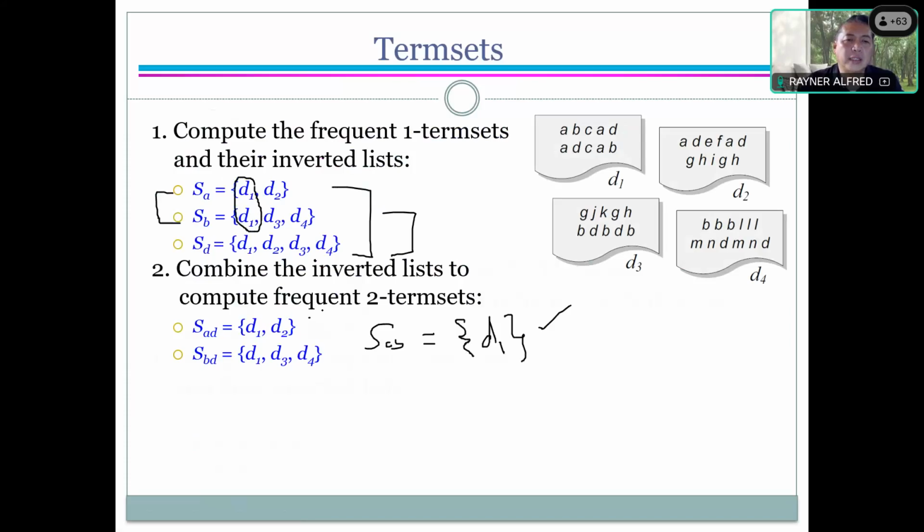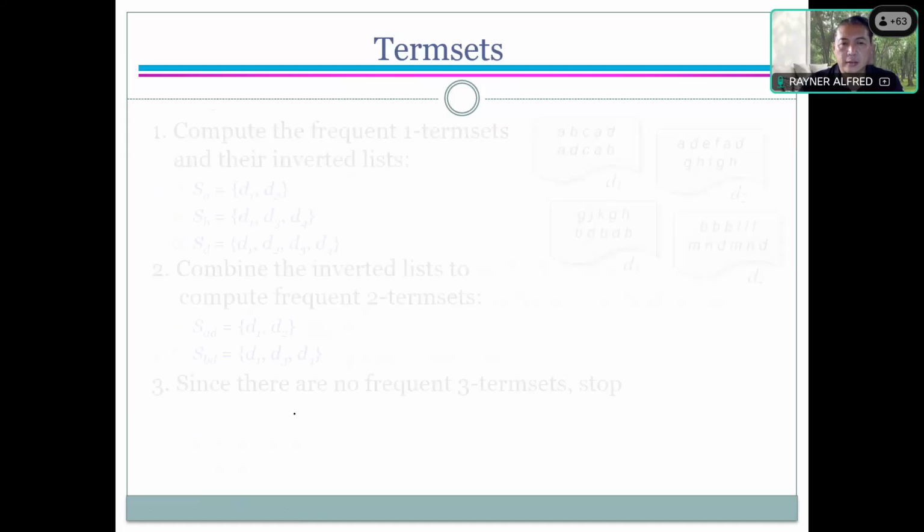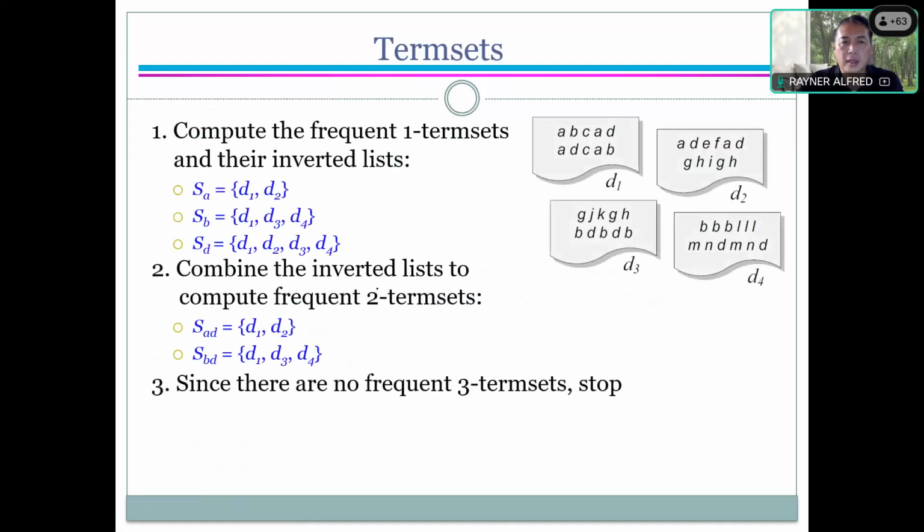Okay, so we have this. From here we combine again. When we combine this and this, we get ABD. But when you look at ABD, that always comes together, so we can look at the common document. The common document is only 3.